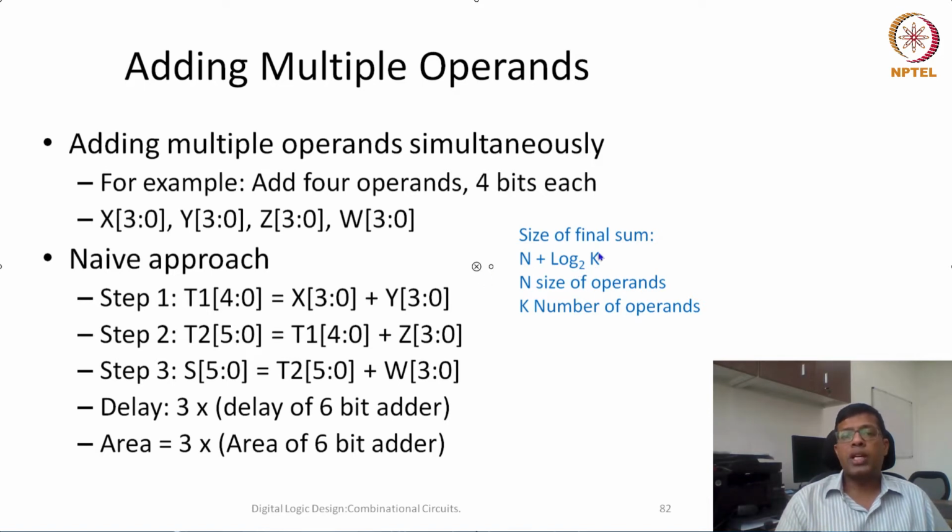This formula tells us the size of our final sum. Here the total number of operands was 4, and each operand was of size 4. So the final result would be 6-bit. That's why I have taken S equal to 5 to 0, which means a 6-bit sum could be the output.